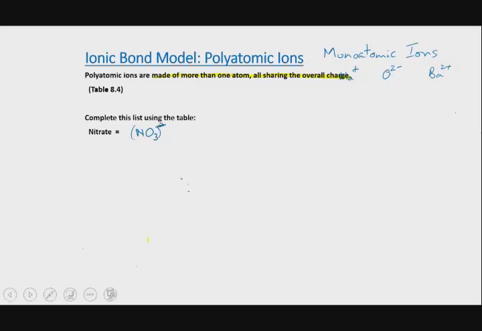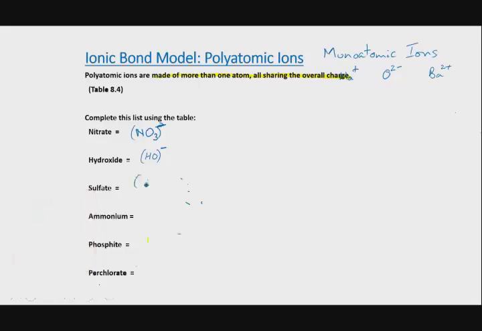Similarly, if we talk about hydroxide, it's a different polyatomic ion made up of one hydrogen and one oxygen, such that that entire unit shares a single negative charge again. So please, for now, refer to that table and go ahead and write out the formulas and the charges of these ions.